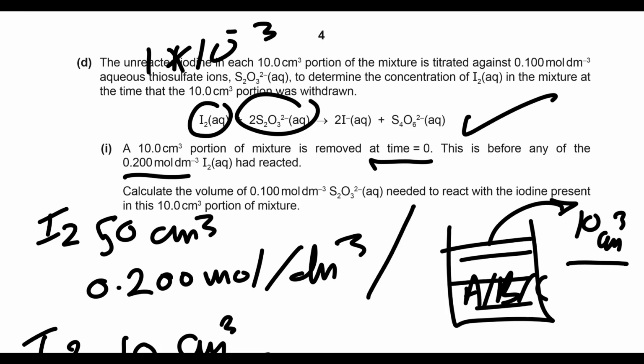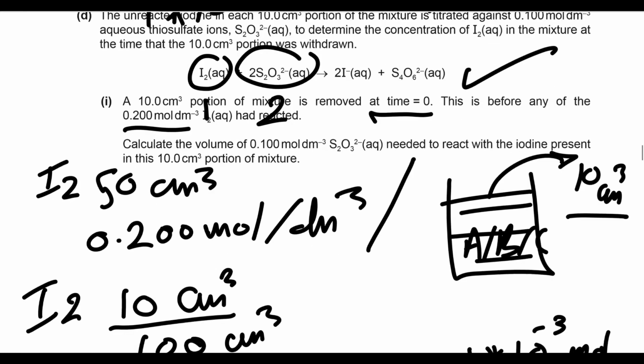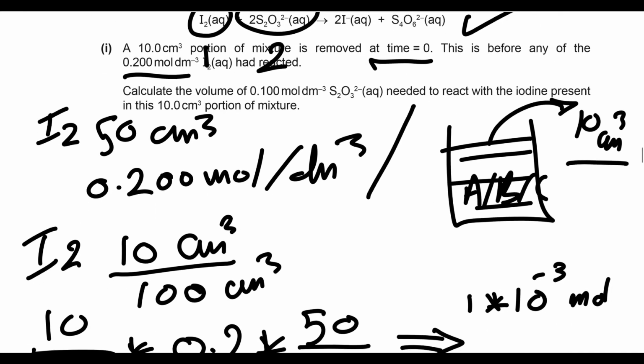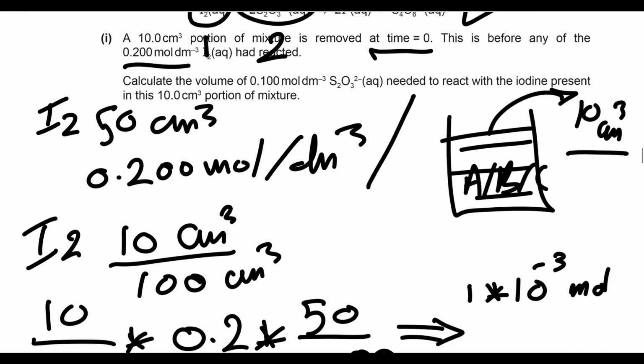According to the balanced chemical equation, the ratio here is 1 to 2. So the number of moles of thiosulfate is 2 × 10^-3 mole. So now you have the number of moles, and the question is asking about the volume.